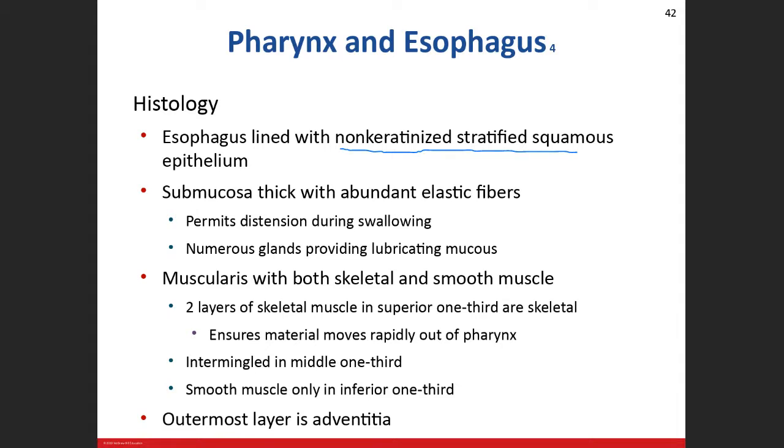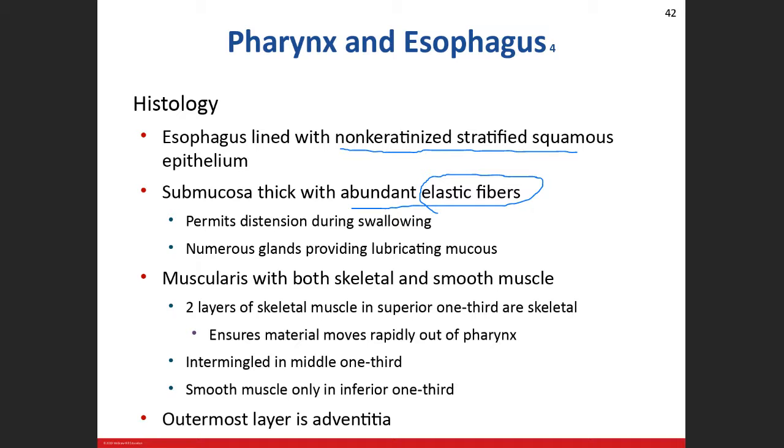When we talk about the submucosa, in this case, we're going to be dealing with tons of elastic fibers. Those protein fibers, as you can probably figure out, will allow the accommodation of food to travel down through the lumen of the esophagus as the muscles are contracting and relaxing to provide for the movement there.